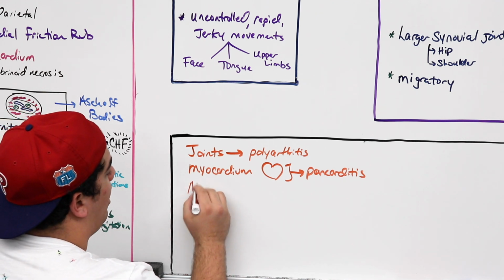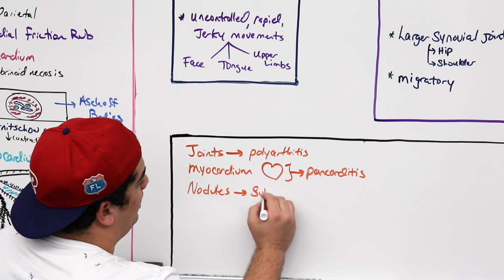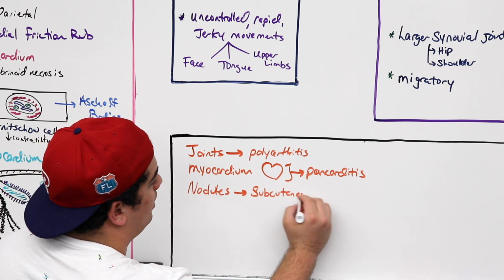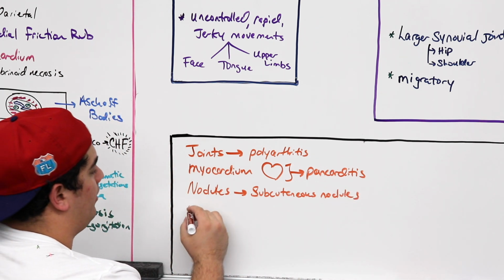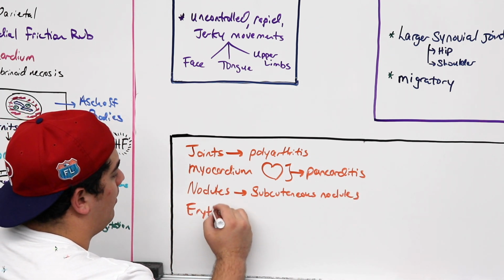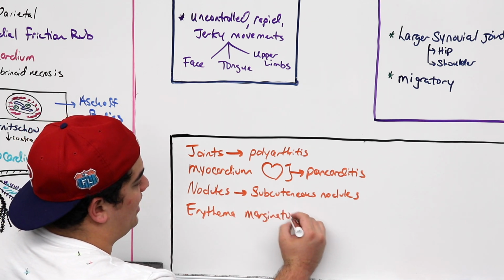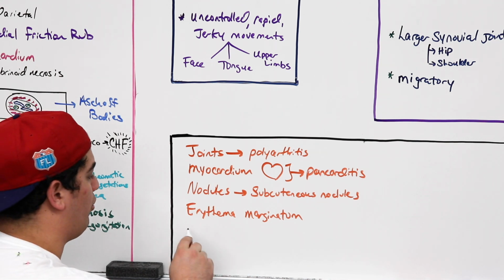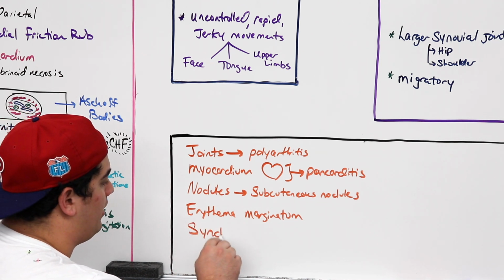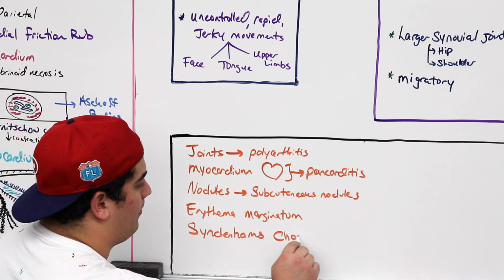The next one is N. N for nodules. And the nodules are going to be particularly the subcutaneous nodules. E for erythema marginatum, which is that skin lesion that we saw. And S for Sydenham's chorea.